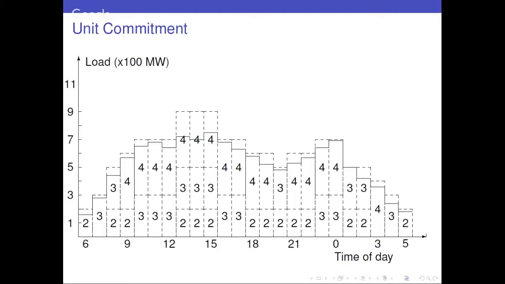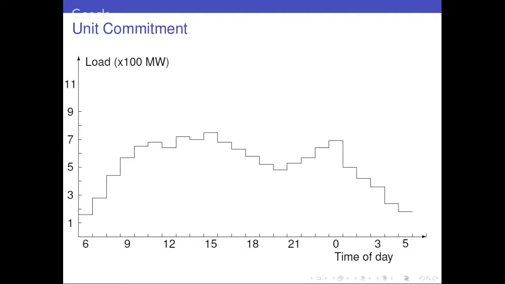This would be one way to do it. Here I have a load a little bit under 2, so I turn on the generator of capacity 200, and I'm fine. Here I would go for the 300, and so on. I pile them up during the day. What I'm trying to do is to minimize essentially the area that's generated but not within the curve. I want to get the closest fit to the area of the load curve.